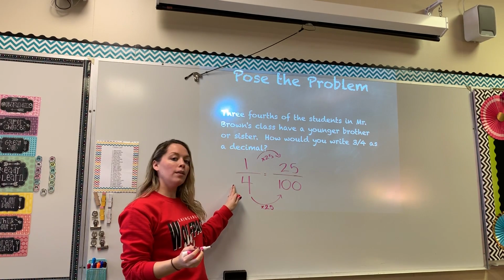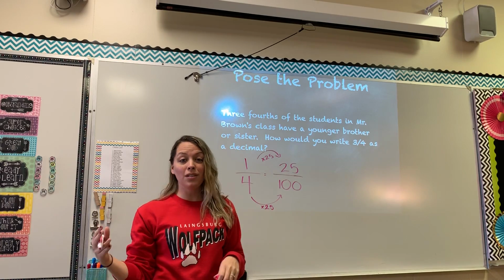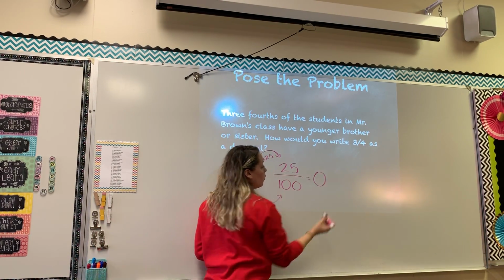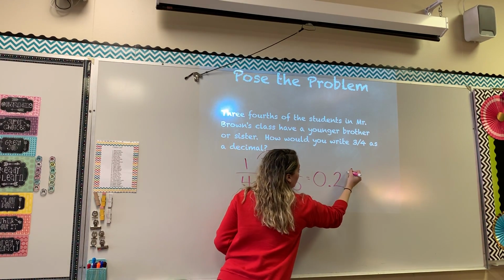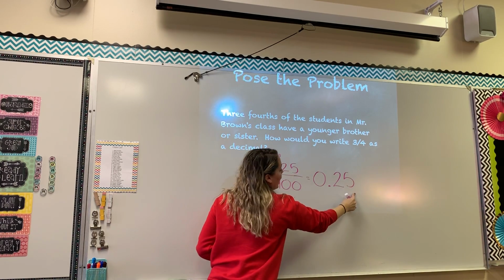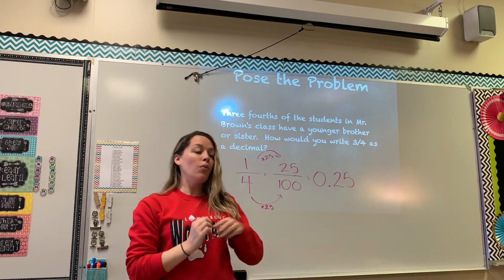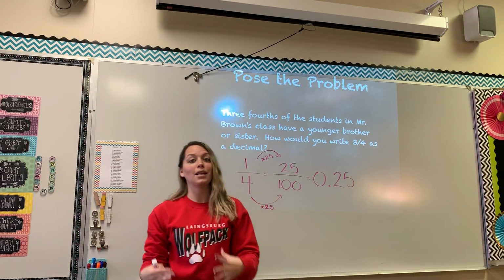So 1/4 is changed to 25 hundredths. Now it should be quite easy to change to a decimal. 25 hundredths as a decimal is 0 because it's not even the number 1 yet, the decimal point, and then 25. 25 hundredths, which is equal to 1/4. So to write 1/4 as a decimal, you would write 0.25, because it's the same thing.